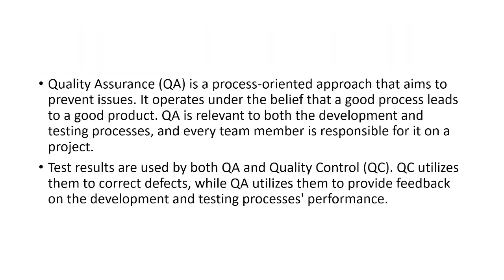So if I will say what is quality assurance, quality assurance is a process oriented approach which aims to prevent issues. So how it can be done? Because if you will ask the question, like testing is also used to prevent issues, so that is a different thing.